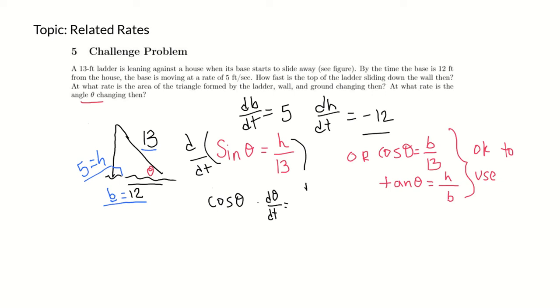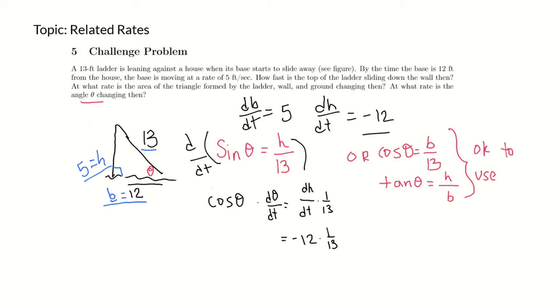We just take the derivative of the height, so dh/dt, and then we just have this 1 over 13 constant here. So I'm going to write that separately. Now we know a couple of things here. We know that dh/dt is negative 12, so negative 12 times 1 over 13. That's what we have over here.